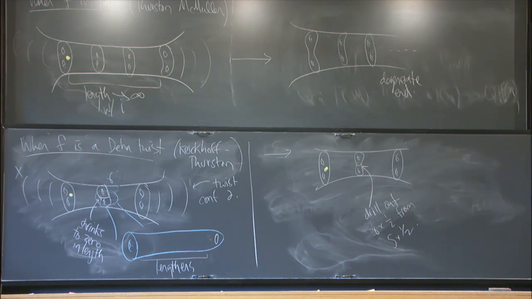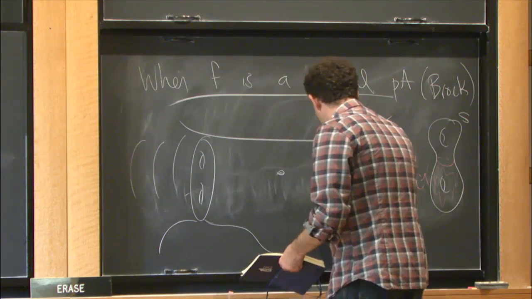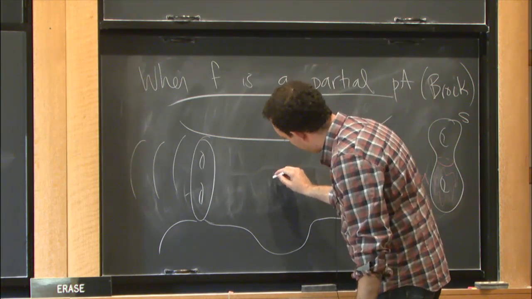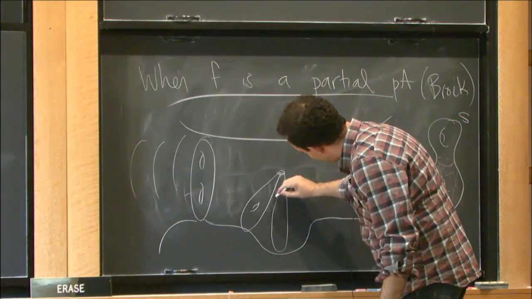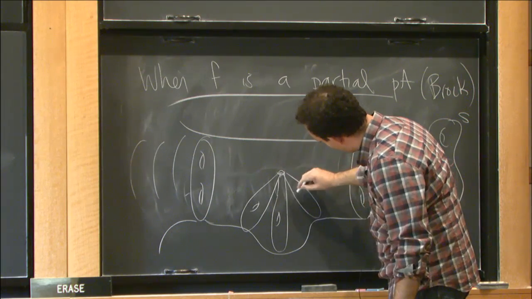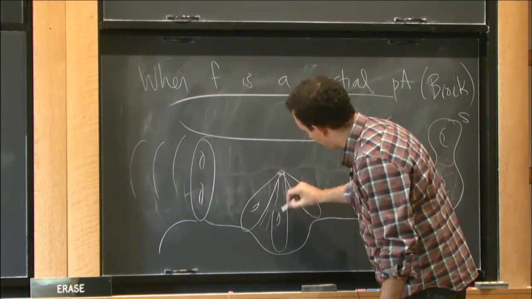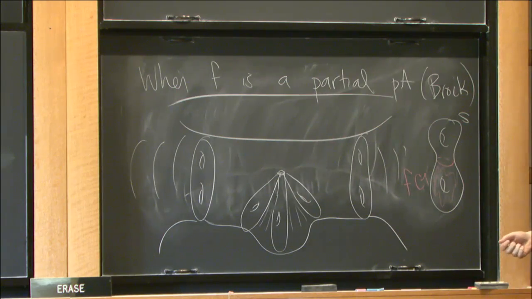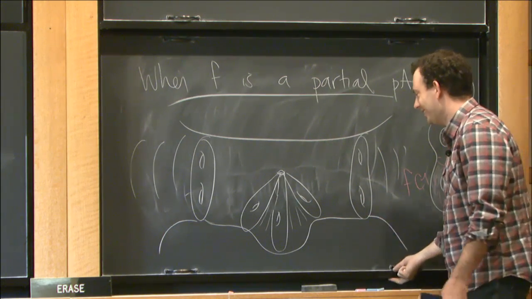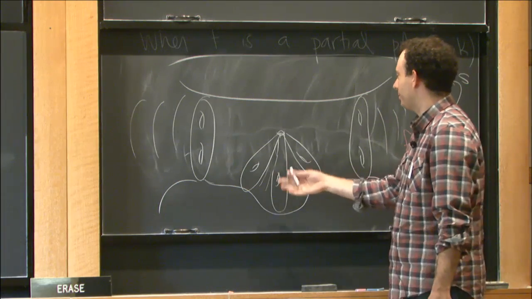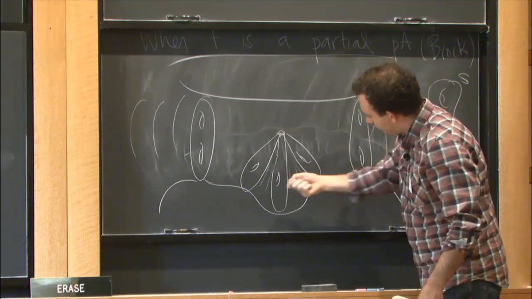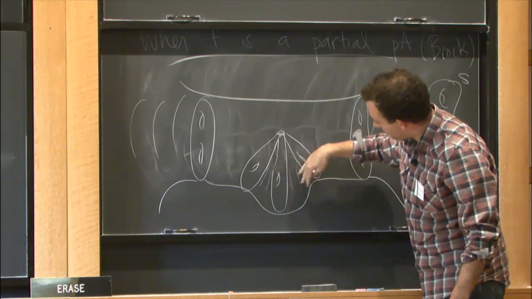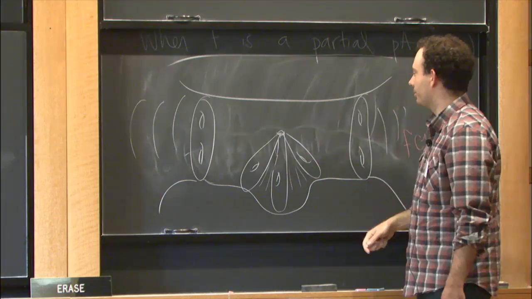And so what happens is that you end up developing this sort of abscess. Somehow iterating this partial pseudo-Anosov ends up inserting, like with a syringe, all this geometry into this bottom part of the manifold here.